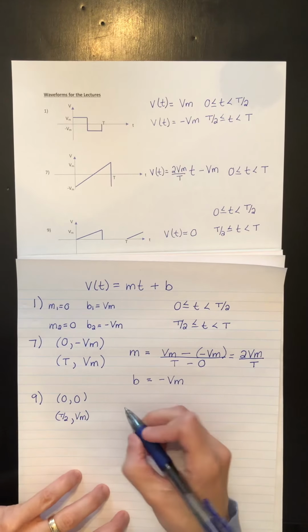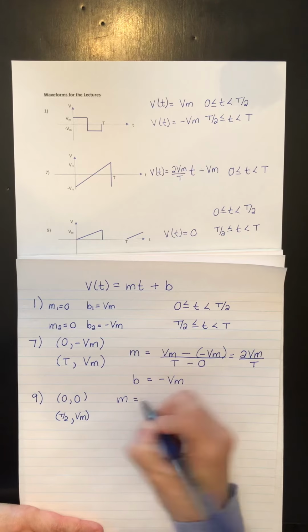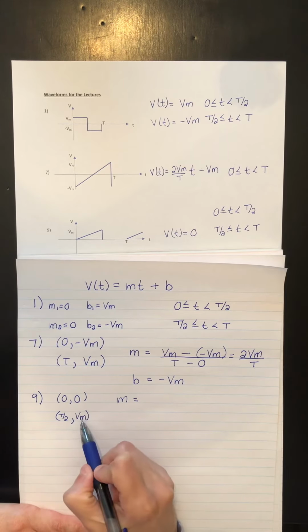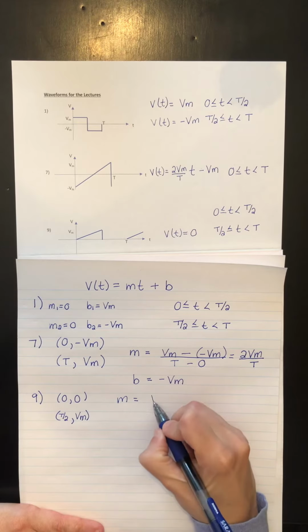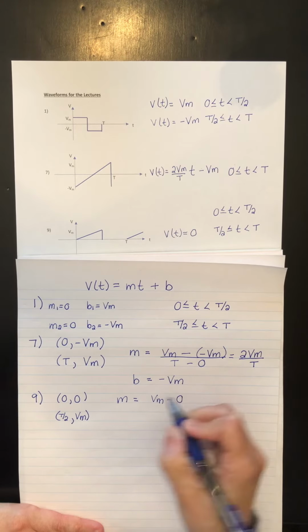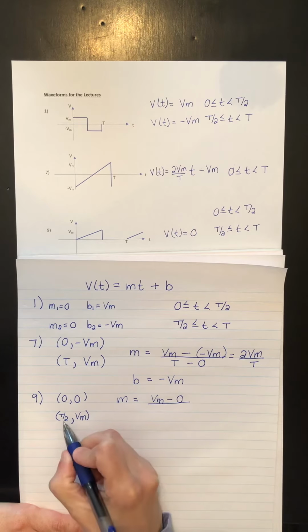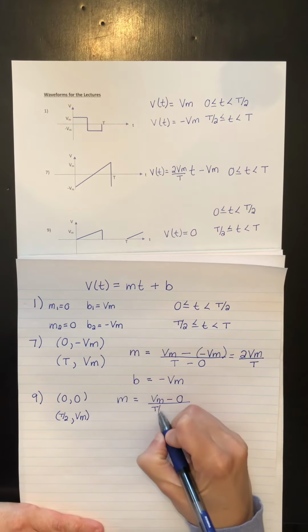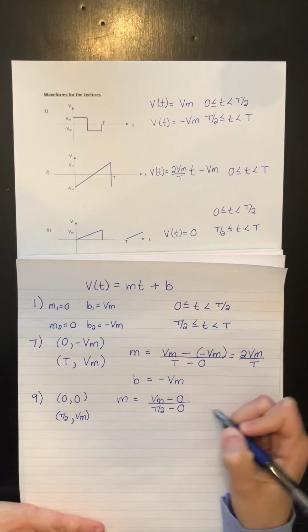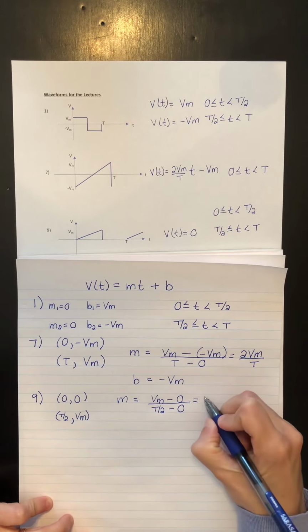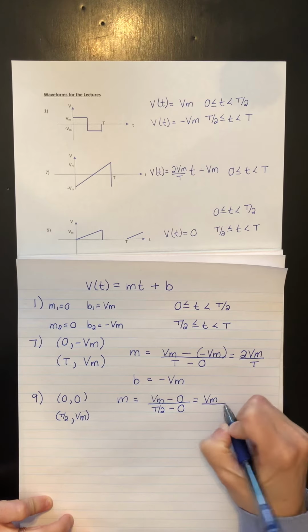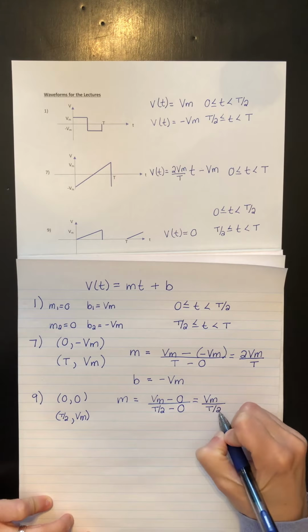From this, we can calculate the slope. So rise over run. So Vmax minus 0 over T over 2 minus 0. So we get Vmax divided by T over 2.